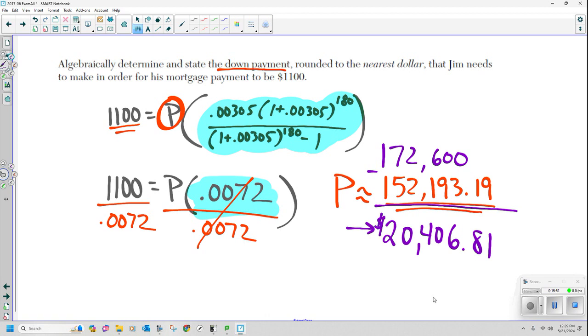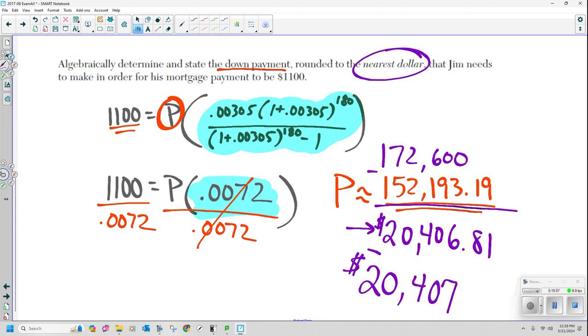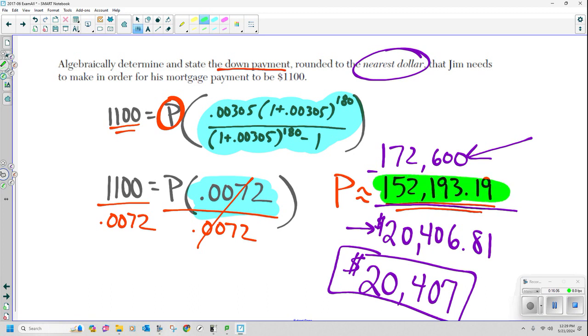Okay, they want this to the nearest dollar. So he's got to put down $20,407. If he has this money to put down toward this 172, then what's left is what he's going to have to borrow. That's this. And if that becomes the P in our formula, that means he'll only have $1,100 a month to pay. Woo!